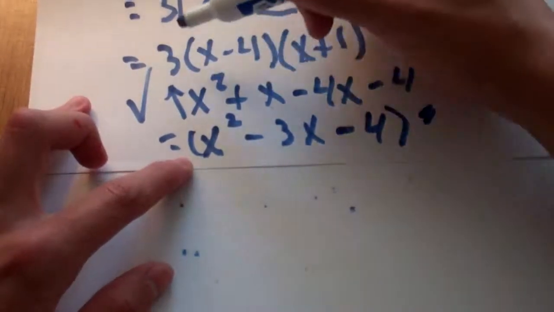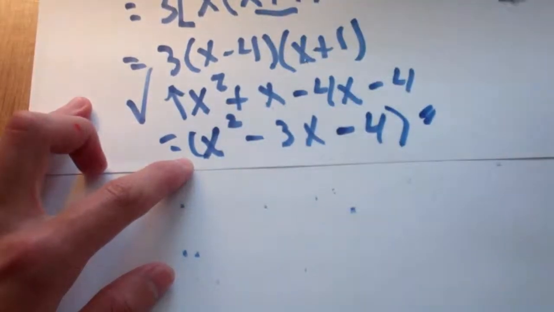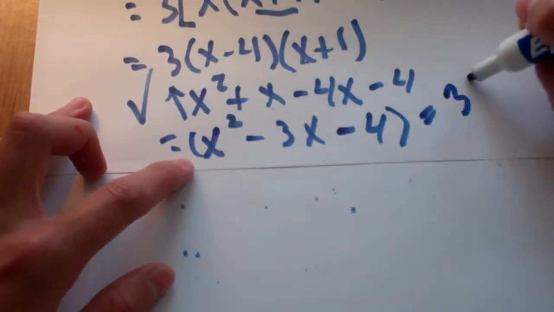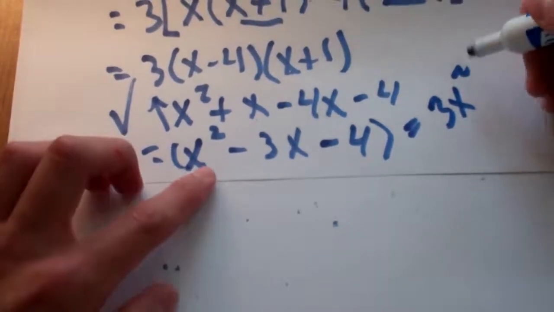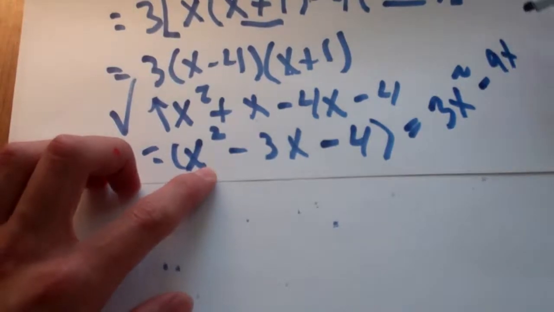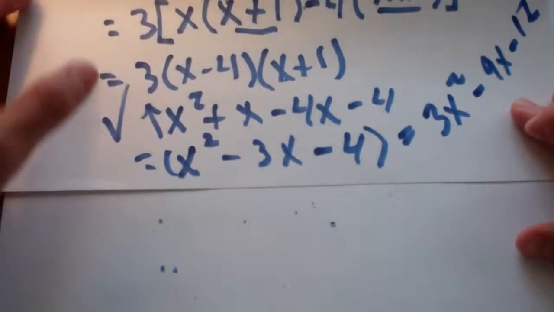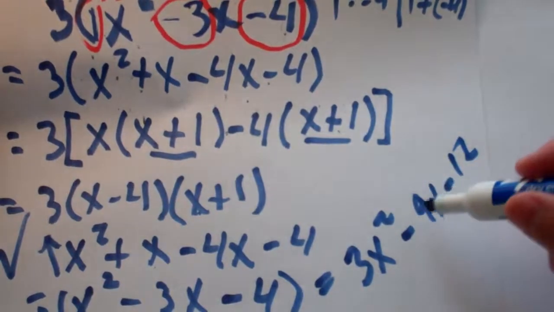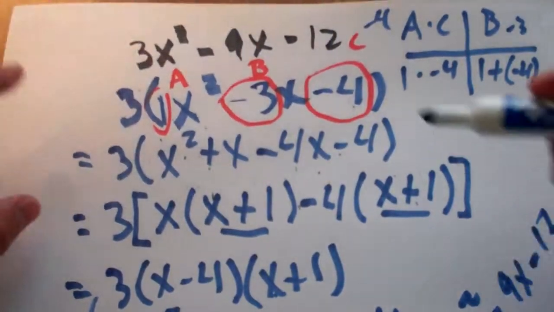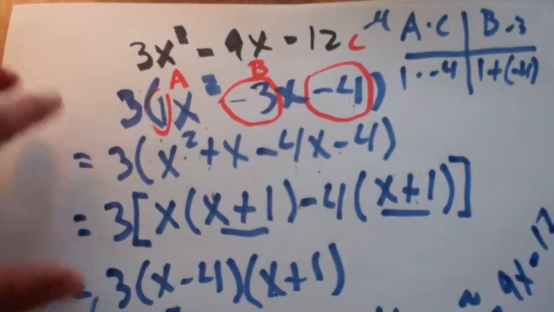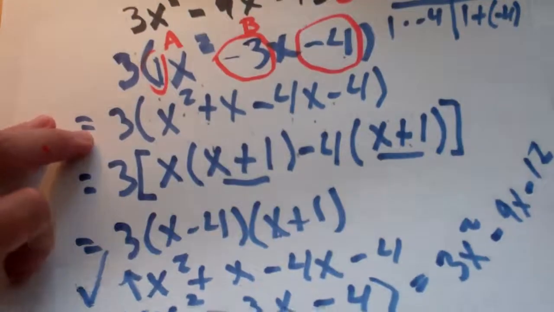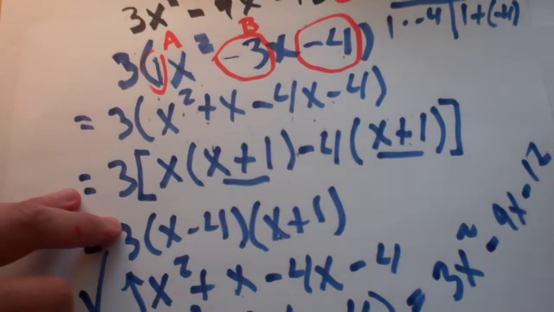Well, if I did that, then I'm going to go ahead and distribute this 3, right? So now I have 3x squared minus 9x minus 12. So, if you can see, this is actually the same thing as what we started with up here. So it works out. So, extra time on the test, not a problem. Go back and check it.